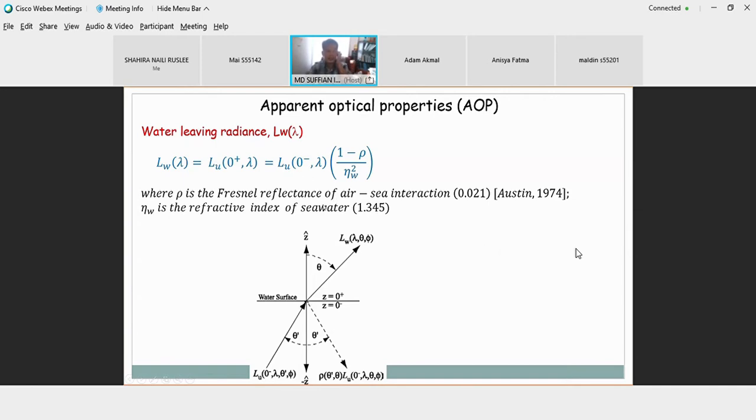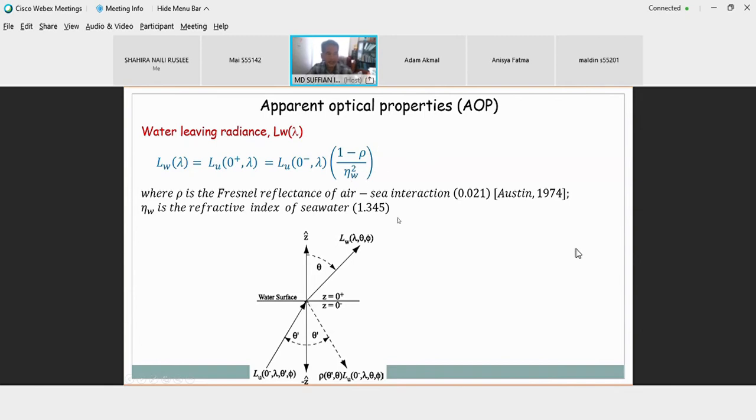So we can calculate the water-leaving radiance just above the surface, which exits from the surface, using the underwater light: Lu, upwelling radiance just below the surface, times (1 - rho) over n_w squared.